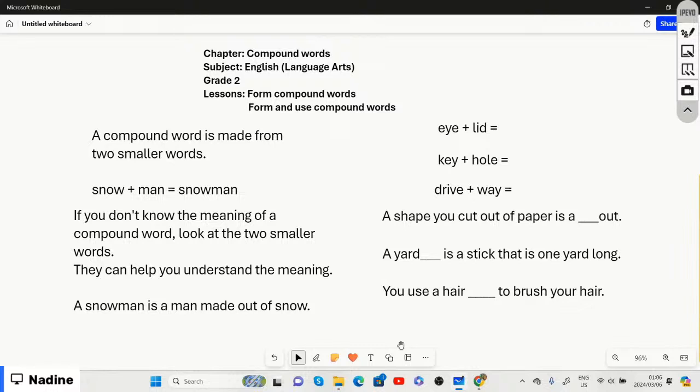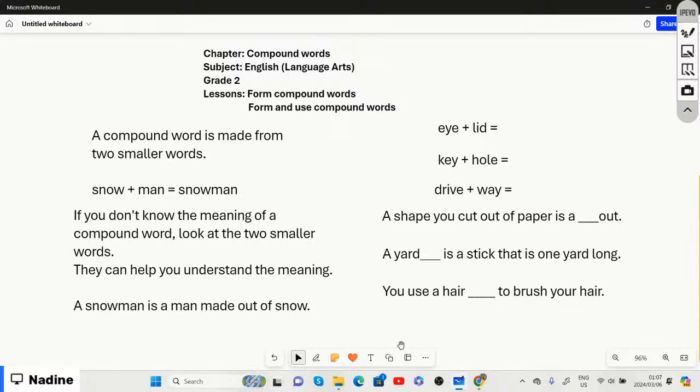All right. A compound word is made up of two smaller words. It's like a word plus another word, and we get a bigger word.